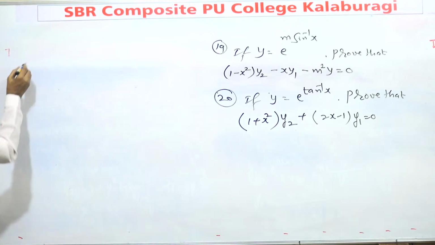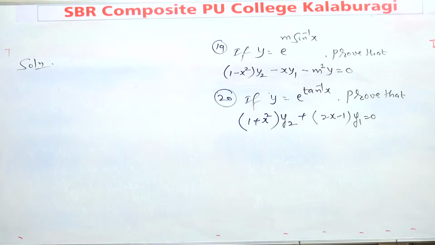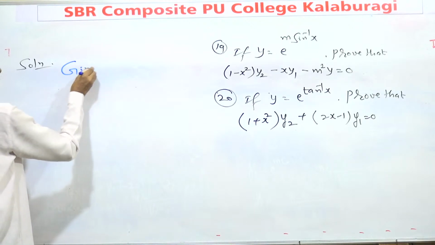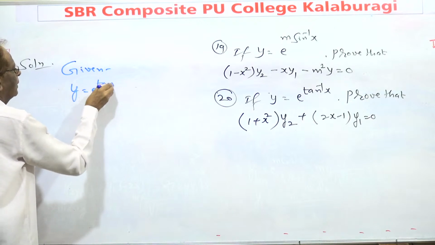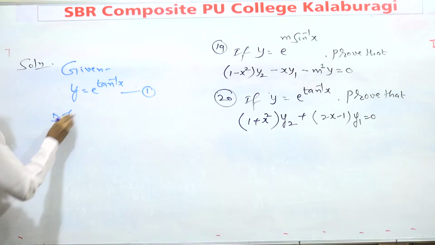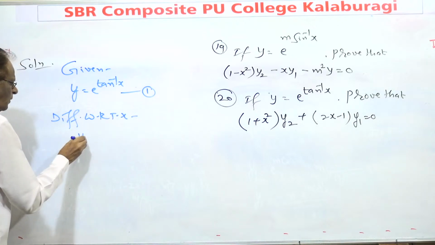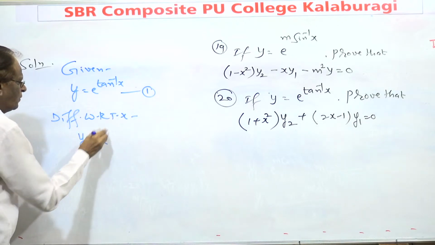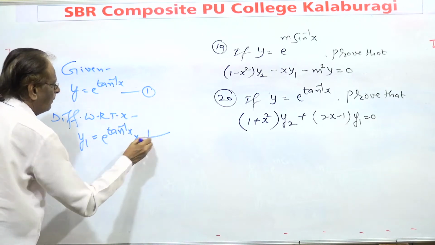So given y equal to e to the power of tan inverse x, differentiating with respect to x, y differentiation y1, differentiation of exponential as it is into differentiation of power.